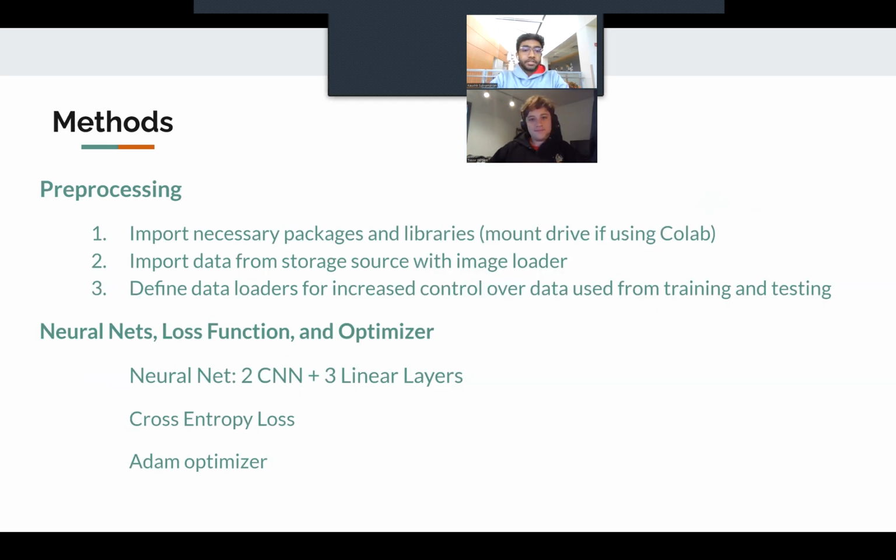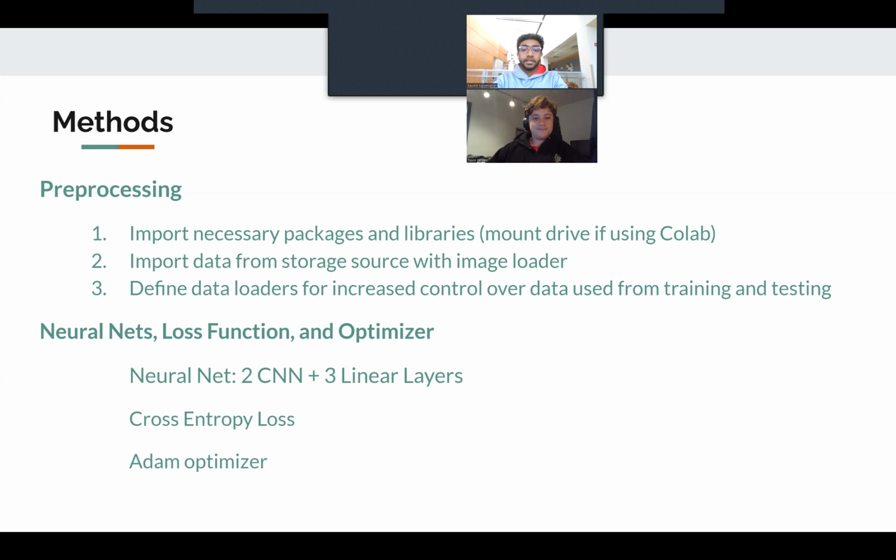And to get to the pre-processing of our data set a little bit, first we imported the necessary packages and libraries, pretty standard stuff. One additional step that we had to do was mount our Google Drive into Colab, because Colab is the platform in which we developed our algorithm. The second thing we did was import the data from our specific Google Drive folders with an image loader.